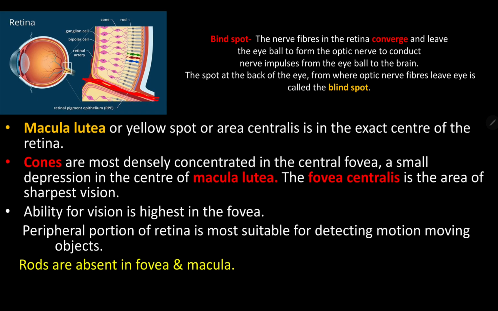Now in the structure of the retina, we observe that there is one groove like structure. That groove like structure is called fovea centralis.